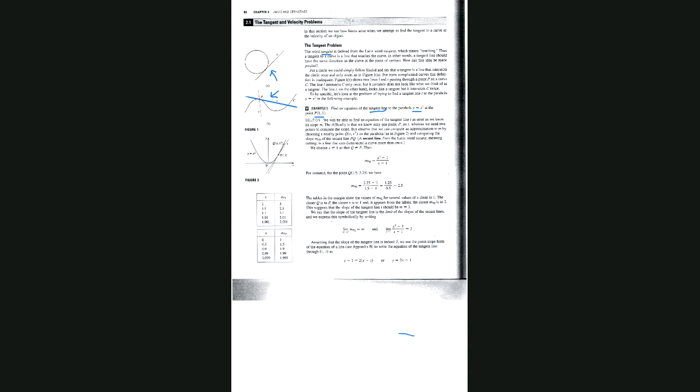They use the parabola because that's something you've seen many times. The point 1, 1 is on the parabola, and they have a tangent line passing through point P, touching the curve.